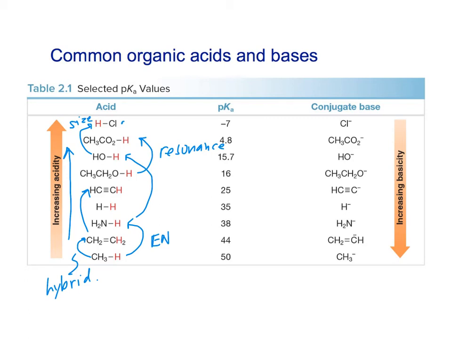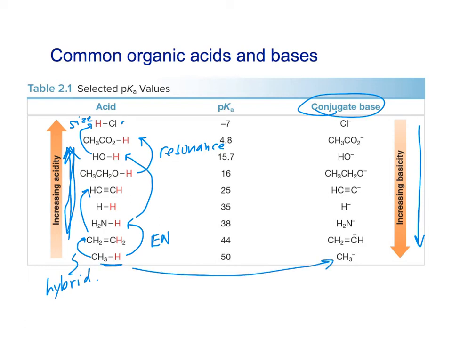If the acidity of the acids increases going up this way, then if we look at their conjugate bases over here, notice that basicity goes in the opposite direction. The weakest acid down here at the bottom gives us the strongest base, and the strongest acid gives us the weakest base.